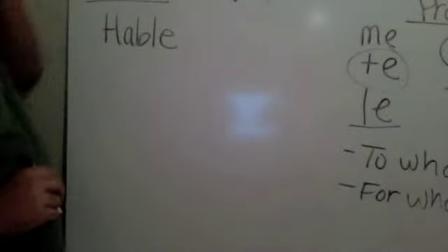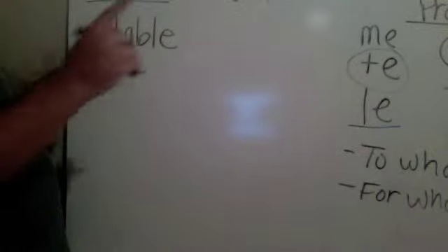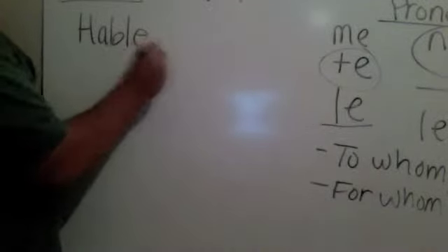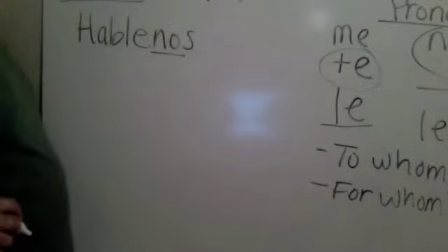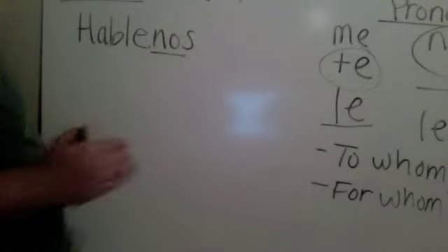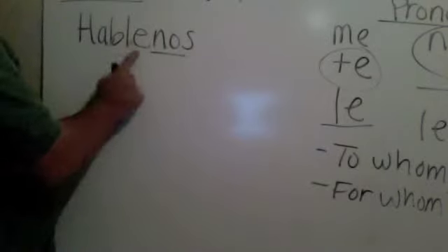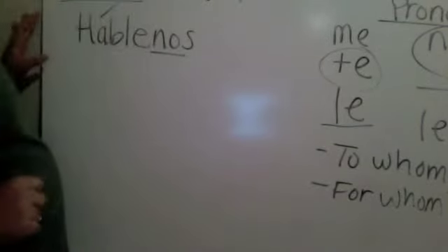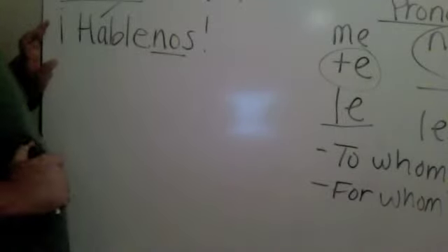Hable, to us. Now, another placement rule with the direct objects that is still consistent with indirect object pronouns is you can attach one of these five to the end of an affirmative command. There's your answer. Except now we added one of these pronouns, so what happens with our accent? One, two, three. Háblenos. There's your command.